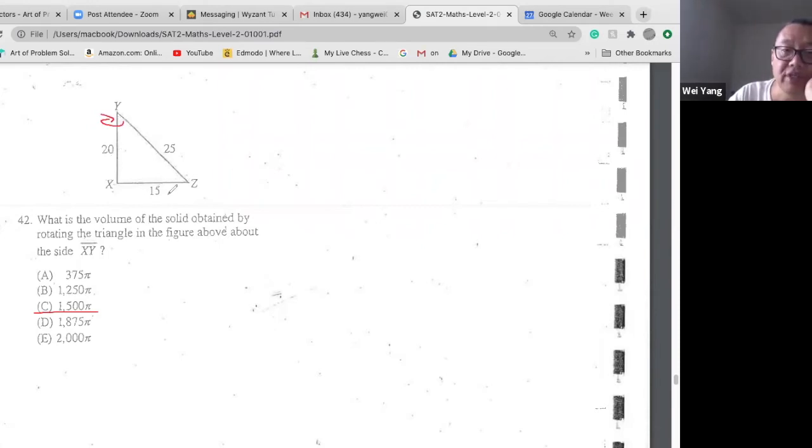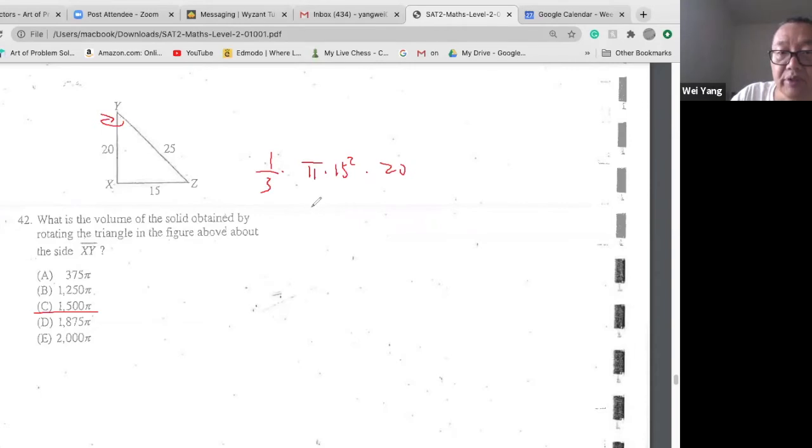The radius of the base of the cone is 15. The height is 20. So you get pi r squared, the area of the base, times height 20, then divided by 3. Now let's calculate it.